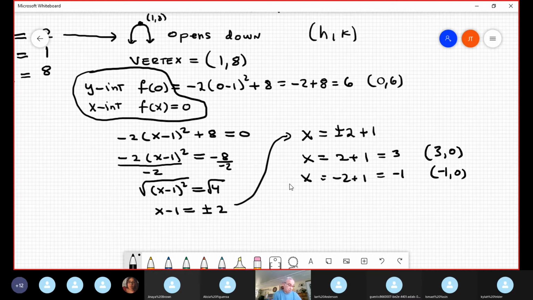With this information, I suppose it's enough to start the graph of this. If you need more points: at this moment we have 4 points.